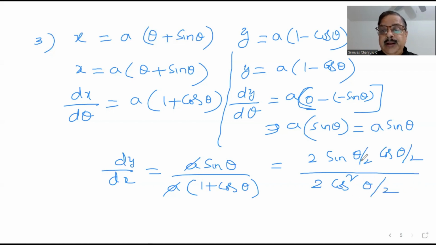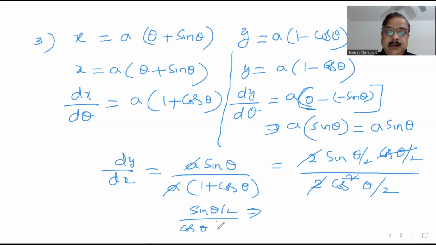You have to go to trigonometry and remember these formulas. 2 into cancelled, cos theta by 2 will go one time. So you are left with sin theta by 2 divided by cos theta by 2, which is nothing but tan theta by 2. So this is a very important sum.